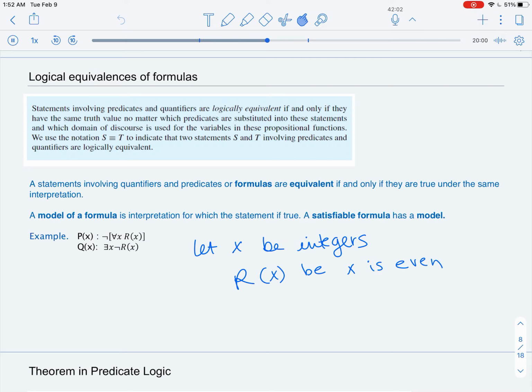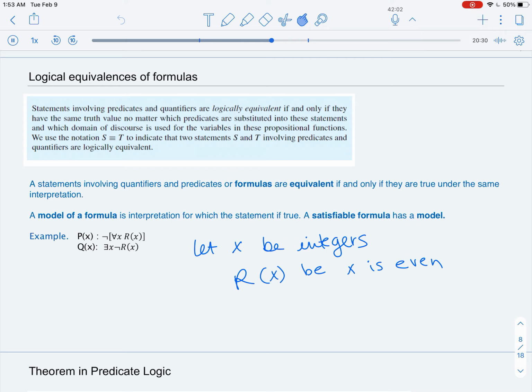Q of x reads, there exists an integer that is not even. If we negate the statement for P of x, for any x, R of x, that's saying any integer is even, and when we negate that, there is an integer that is not even.